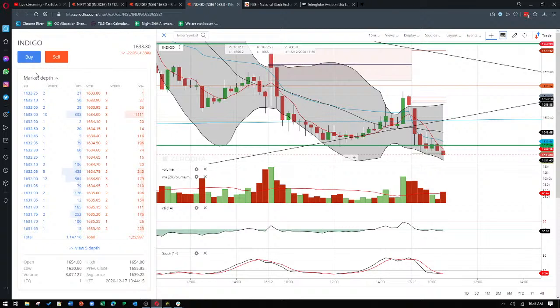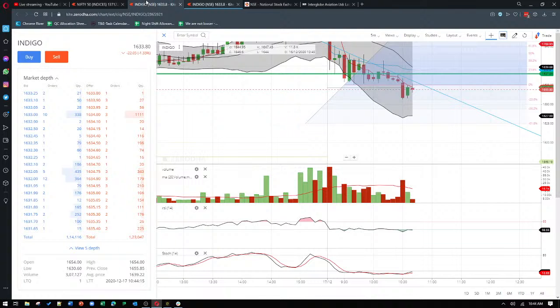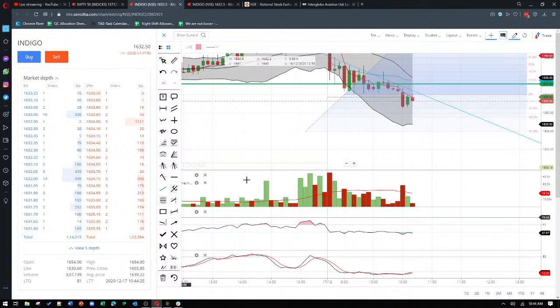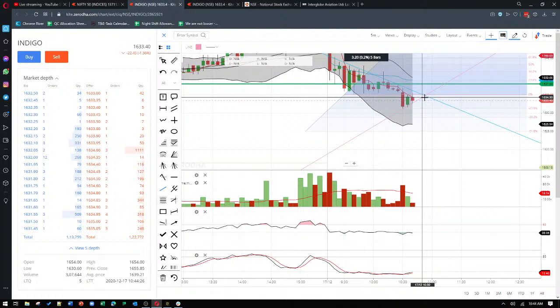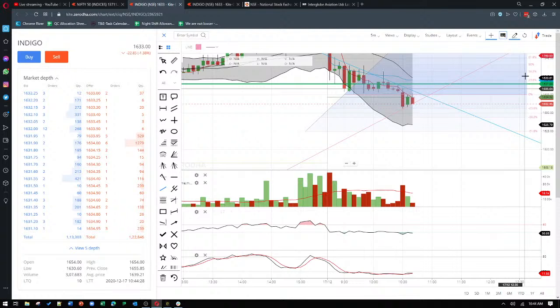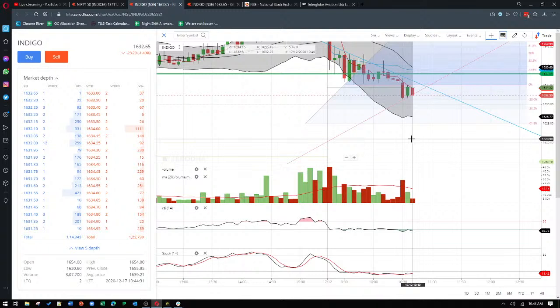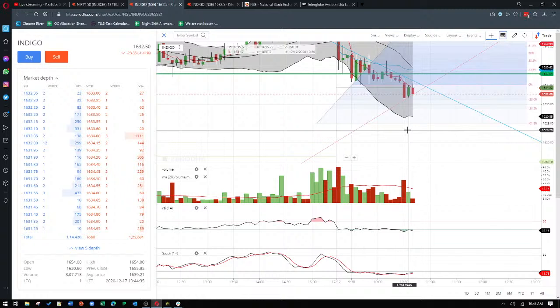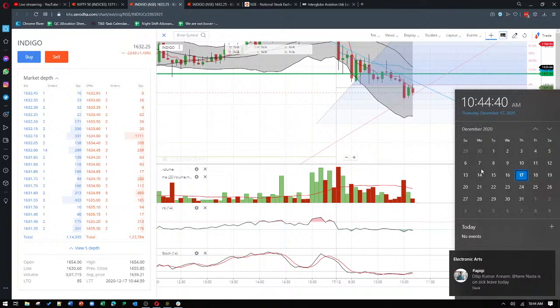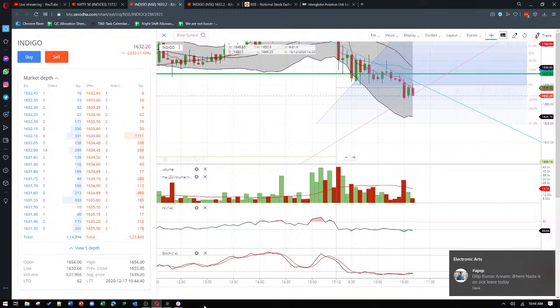What's happening with 5 minutes? Looks like 5 minutes is creating another trend line. You see here. So let's see whether this 5-minute candle, we have one more minute, so looks like 30 seconds, is it going to break that level or not?